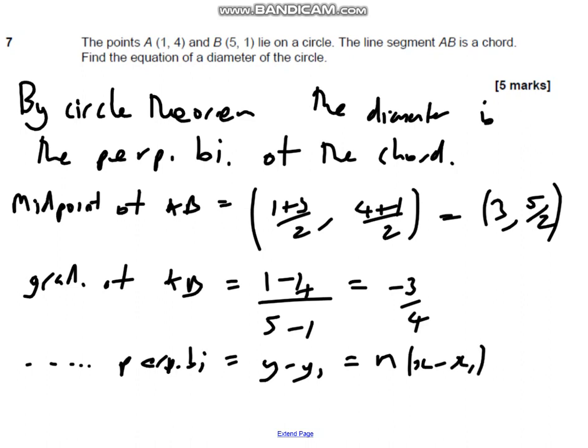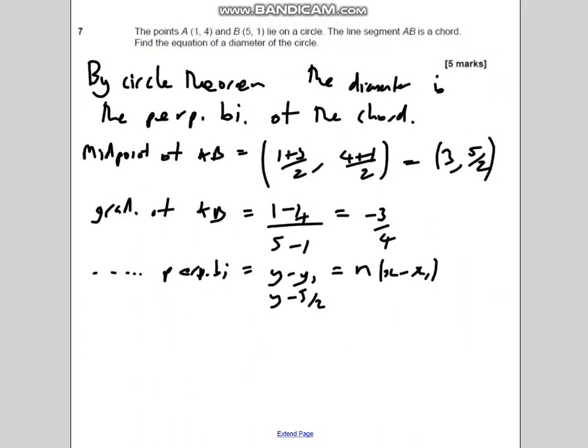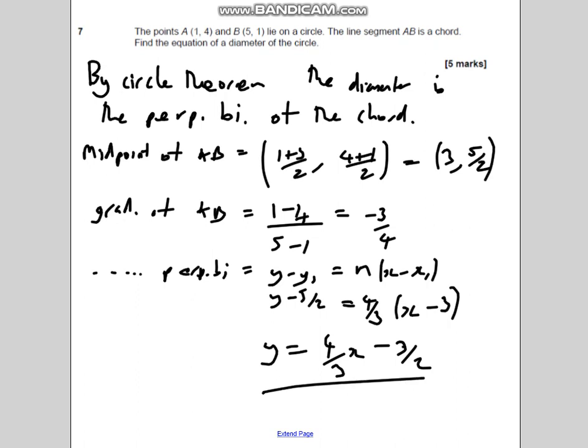So you go y minus y1 is m times x minus x1, and so y minus 5 over 2 is equal to 4 over 3 times x minus 3. And if you wanted to tidy all that up, you could, I mean that's fine as the answer, but just to get it in the super nice form of y equals mx plus c, y equals 4 over 3 x minus 3 over 2, and that's all done.